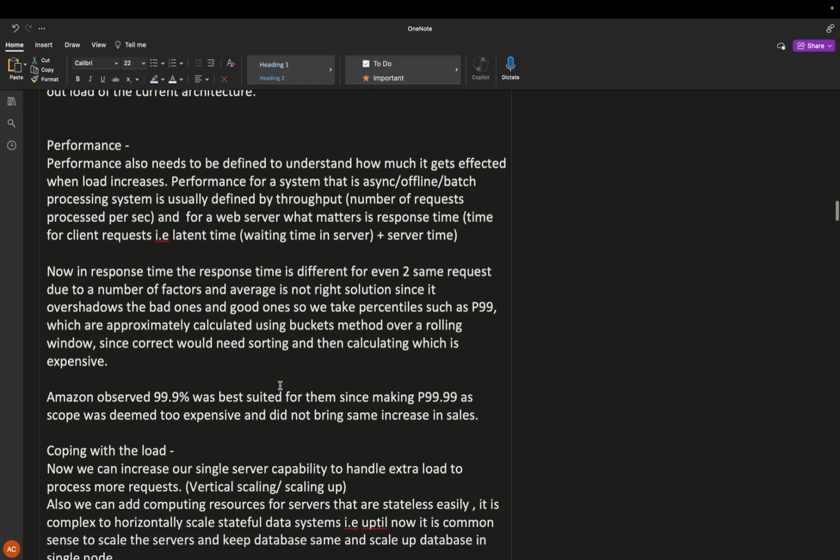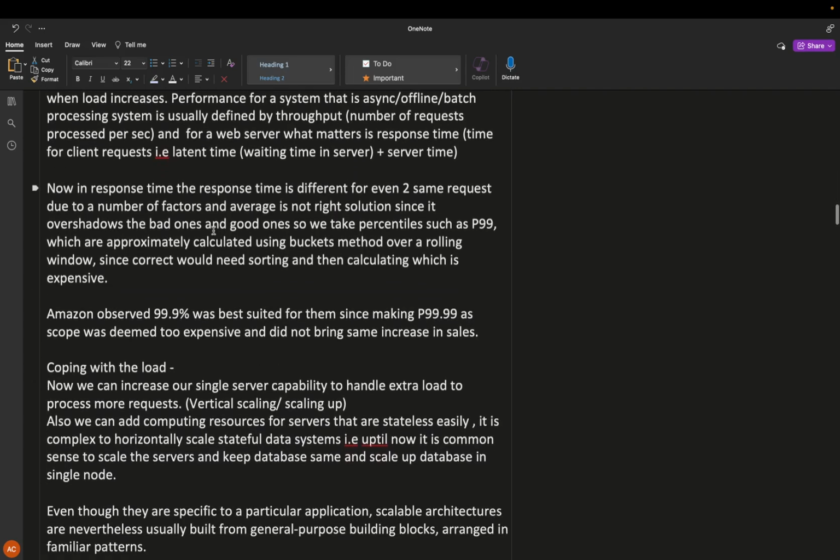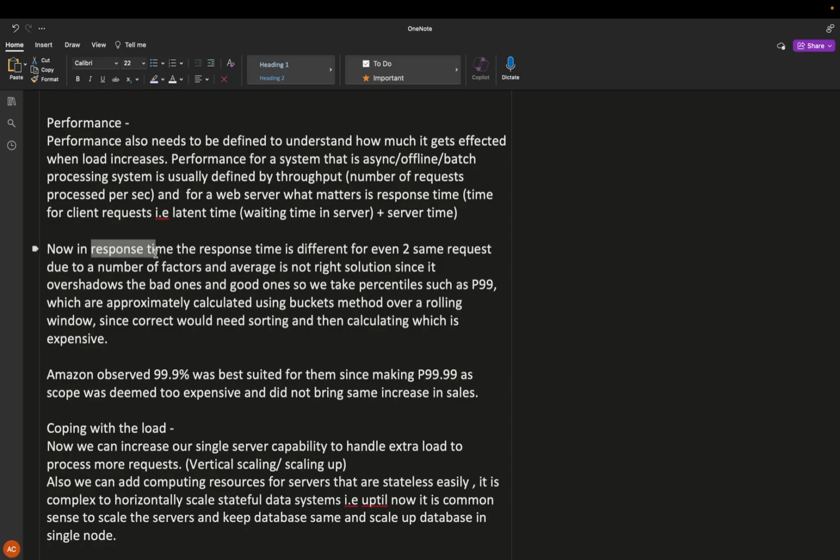But one thing I want to clarify is that in a web server, the response time differs even for the same request. If you make a request now and the same request after 1 second, the timing can differ very much. So for a web server, we define it in percentiles.